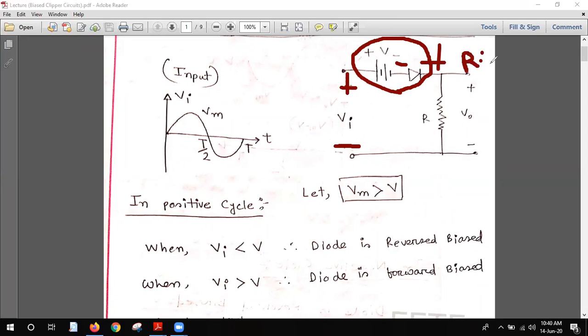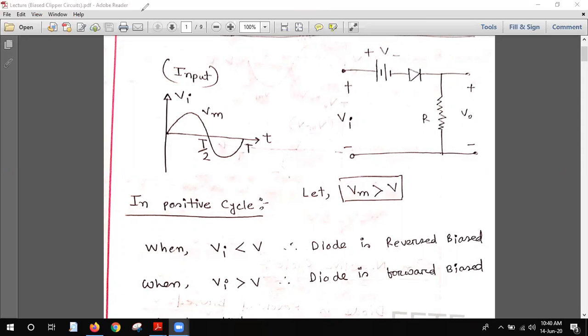But when Vi is greater than V, at that time it will be forward biased. So in the positive cycle, it is not wholly forward biased, not wholly reverse biased. It is divided into two parts.